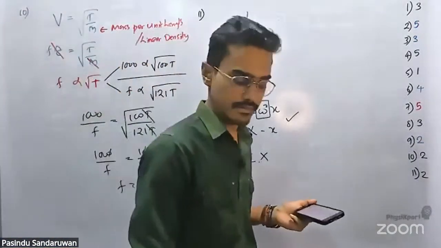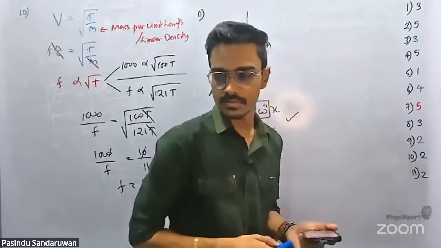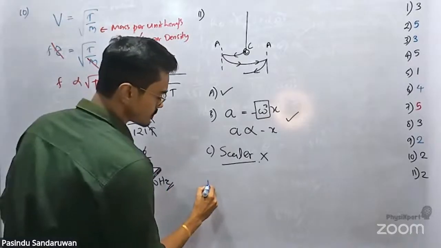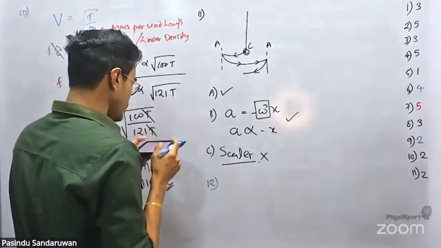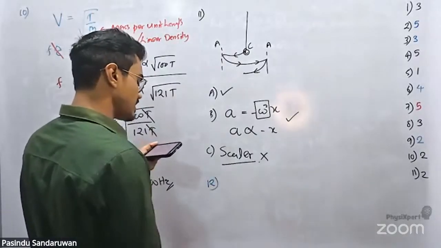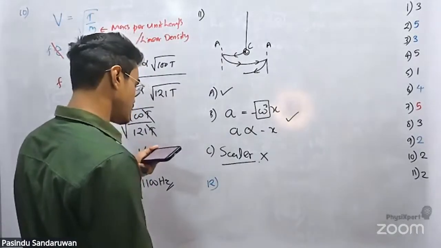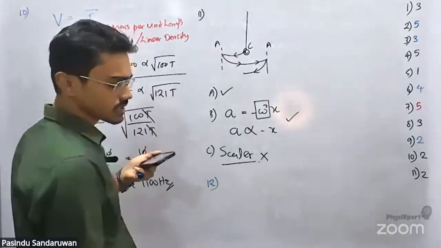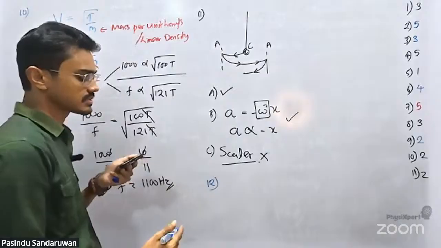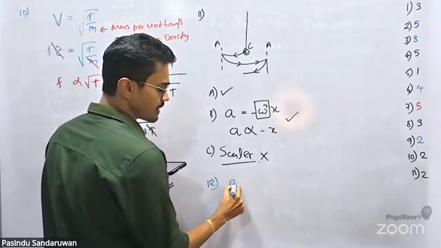12. A boat travels at a uniform velocity of 10 m/s. The resistive force against the motion of the boat is 400 newtons. Find the power of the engine of the boat. Very easy, actually the easiest question so far. We know P equals Fv.